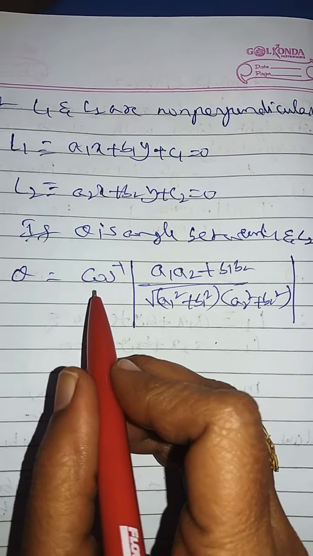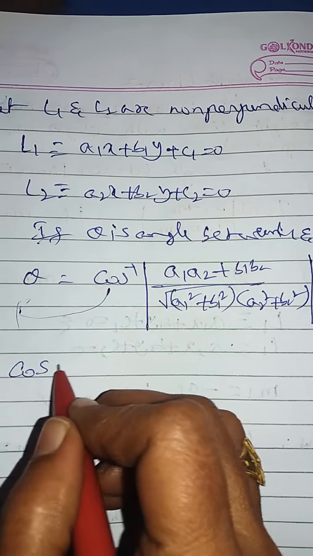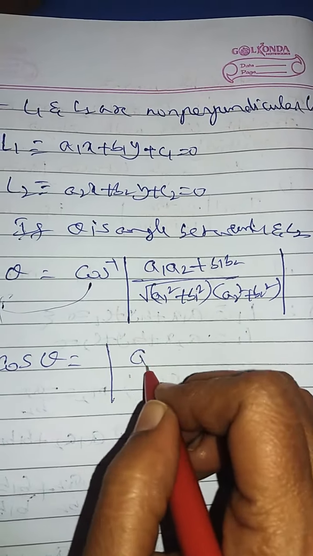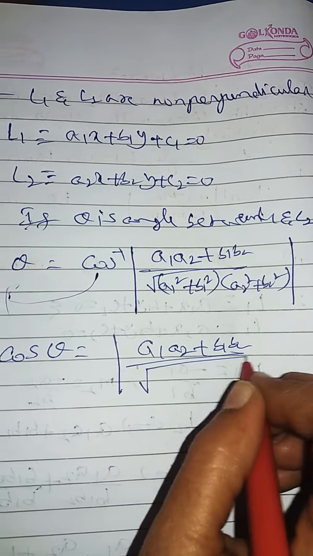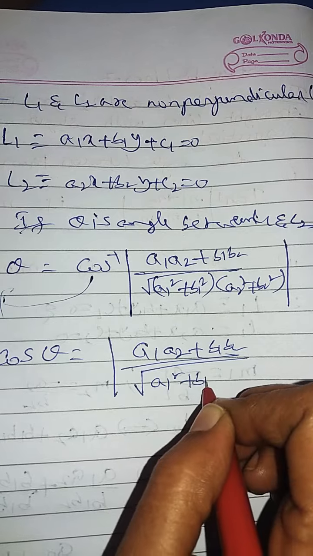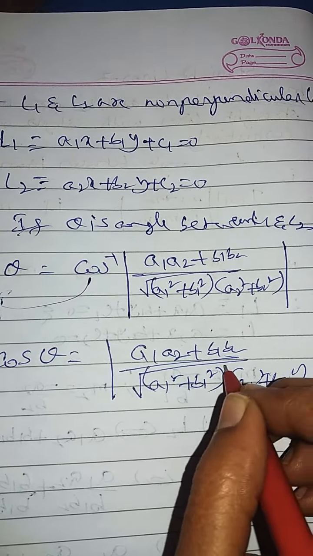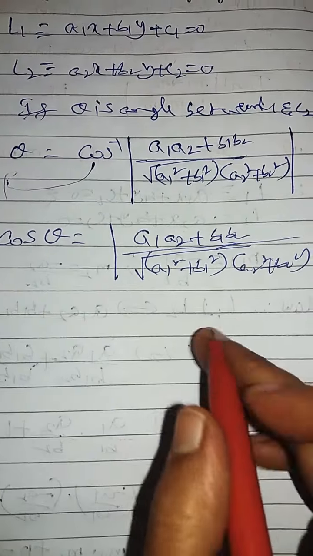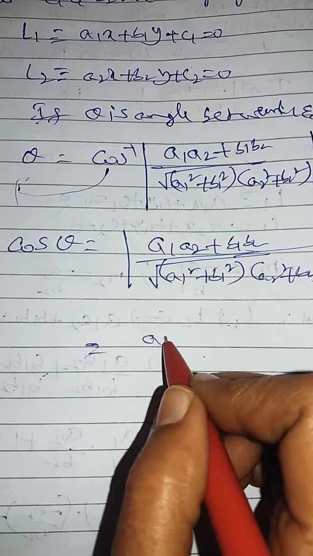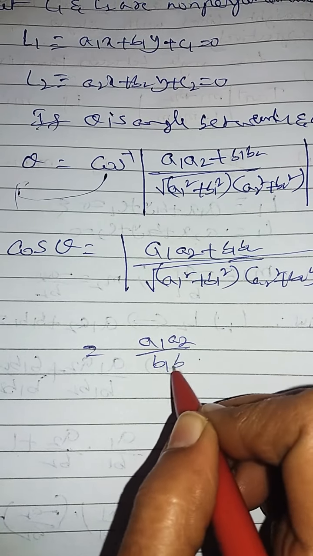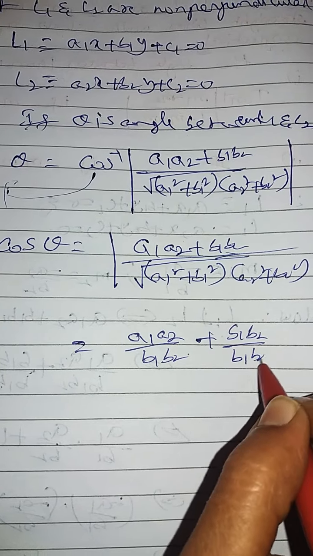Then I will transpose this cos inverse to the LHS. I will get cos theta is equal to mod of (a1 a2 plus b1 b2) by square root of (a1 square plus b1 square) into (a2 square plus b2 square). Now I will divide the numerator by b1 b2. Then I will get a1 a2 by b1 b2 plus b1 b2 by b1 b2.